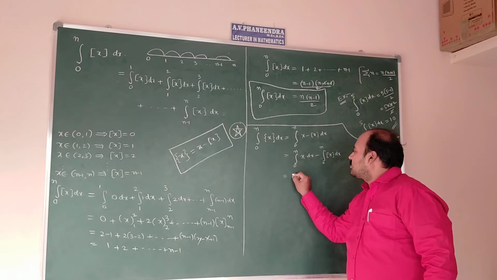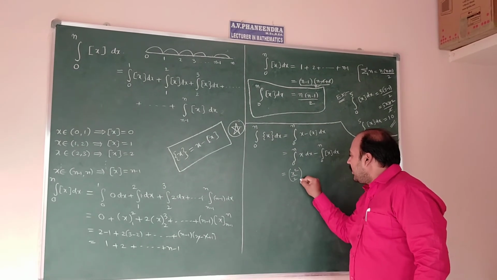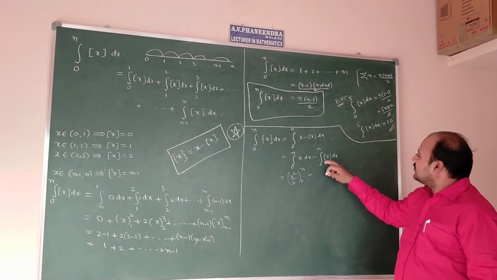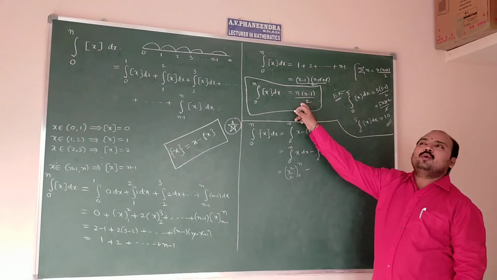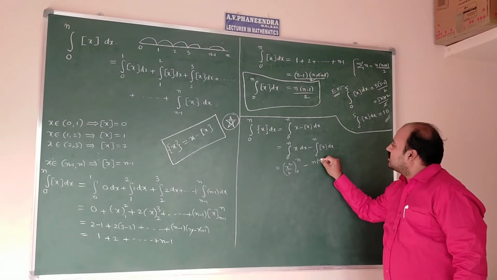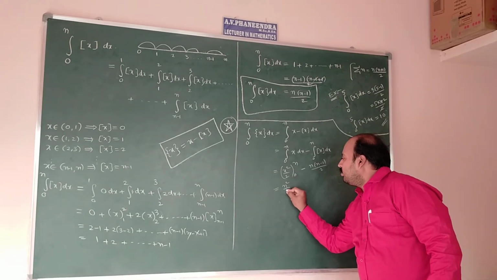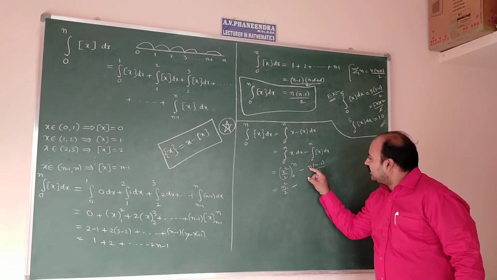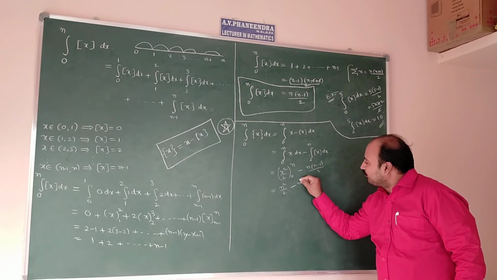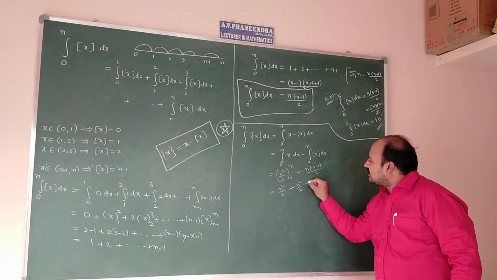Integral x dx is x square by 2, applying the limit 0 to n, minus integral 0 to n step x dx, which is this value only, n into n minus 1 divided by 2. That equals n square by 2 minus n square by 2 plus n by 2.